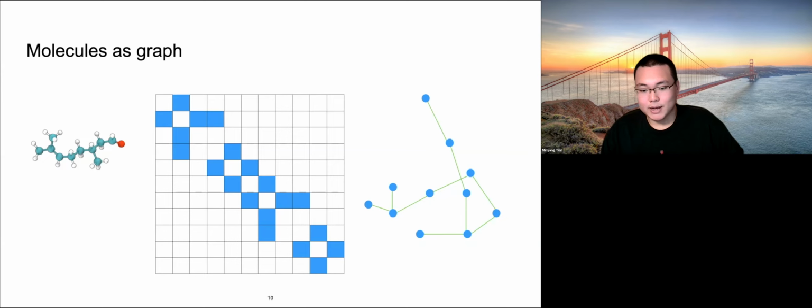Different pairs of atoms and bonds have different distances, for example, the single bonds and double bonds. So it's a very convenient and common abstraction to describe this 3D object as a graph, where nodes are atoms and the edges are covalent bonds. The center one is the adjacency matrix of the bonds in the molecule, and the right one is the graph representation of this molecule.